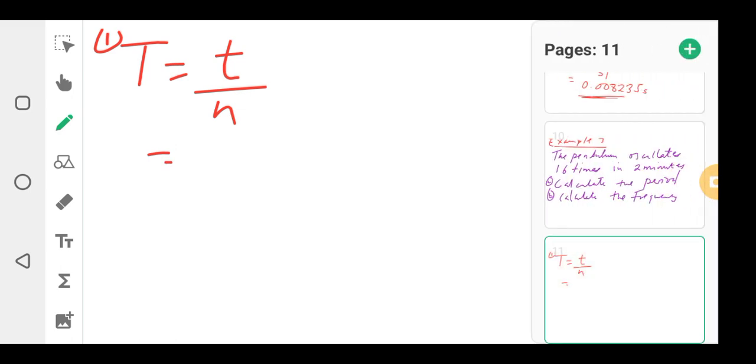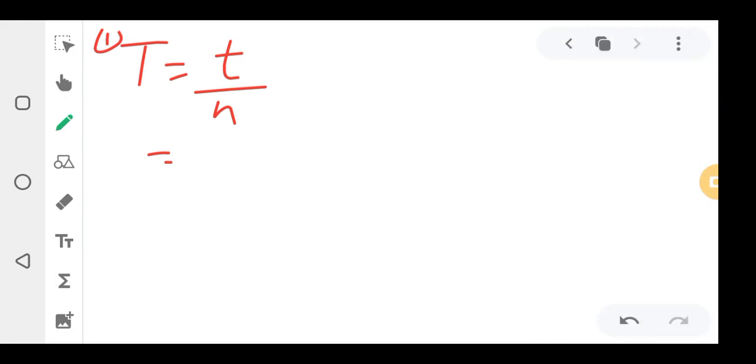T is going to be equal to 2 minutes. So I've converted minutes to seconds. I think I've done this before. We're going to say 1 minute is equal to 60 seconds.